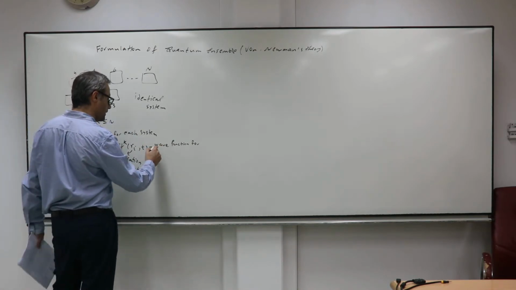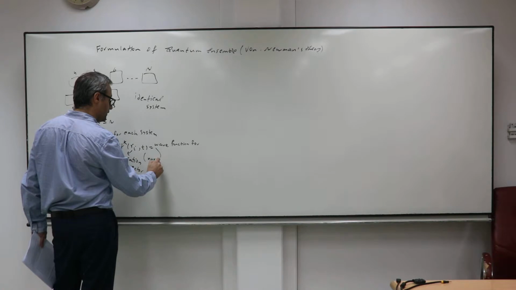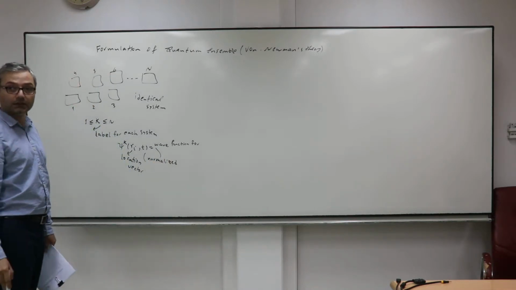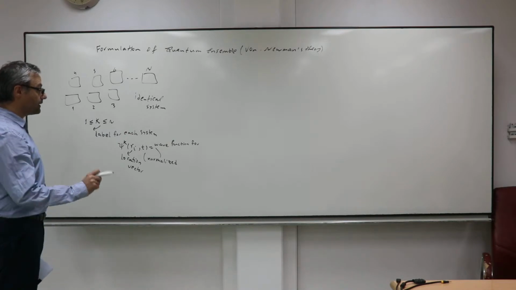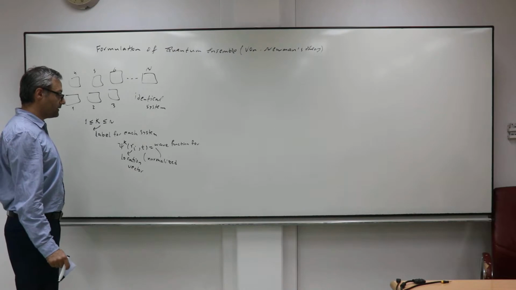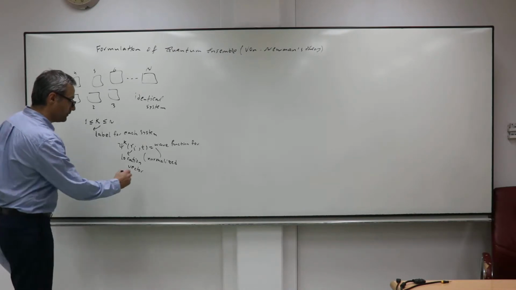This is the normalized wave function. From the beginning, we consider the wave function normalized. So the size, or the length, or the norm of the vector is considered as 1.